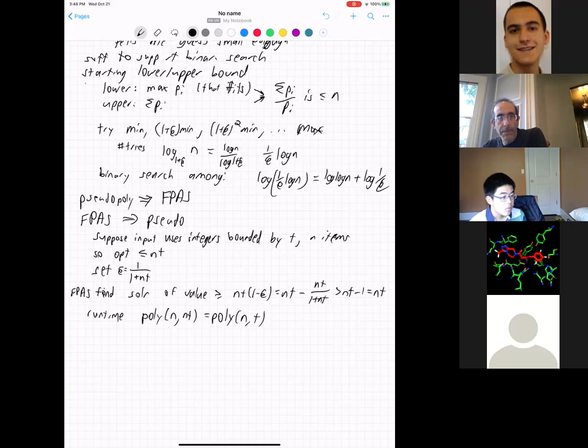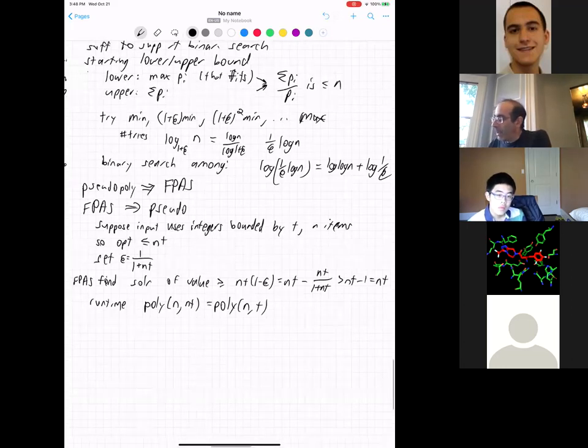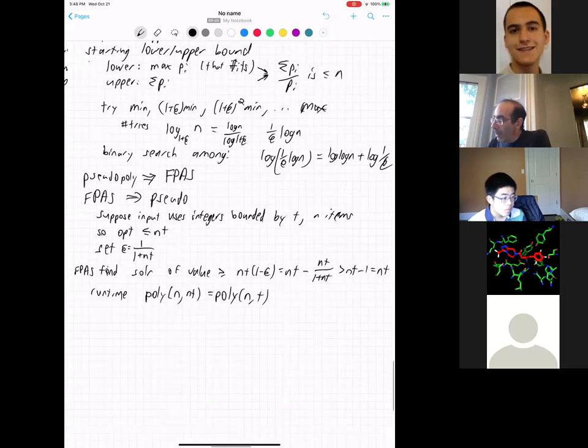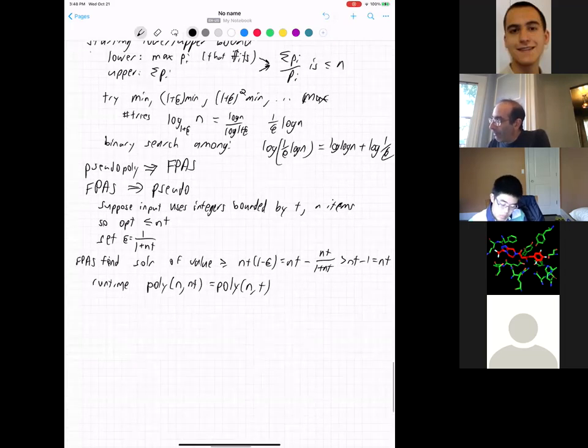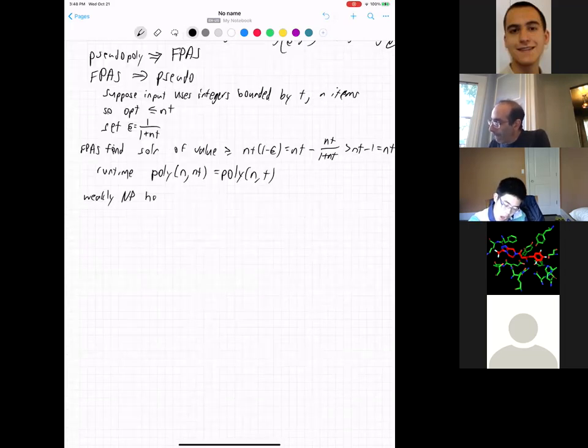Any questions? All right, so this basically creates an equivalence: essentially there are these weakly NP-hard problems, and they have fully polynomial approximation schemes in general.